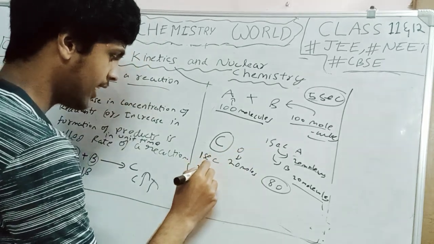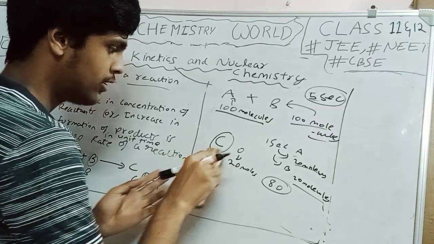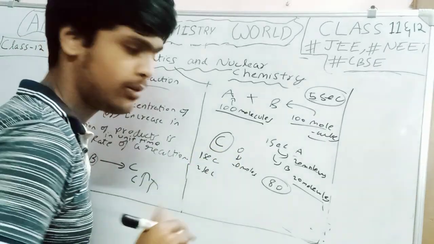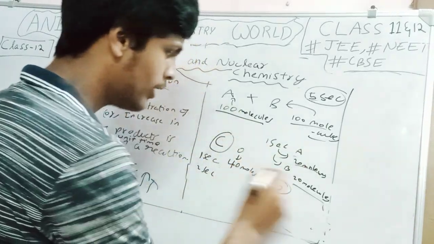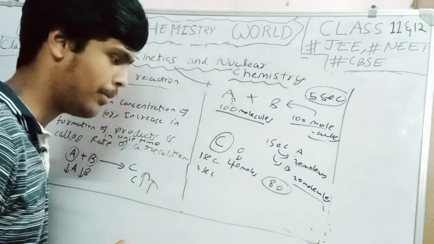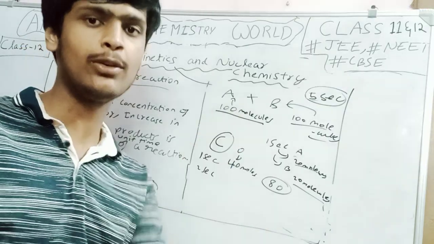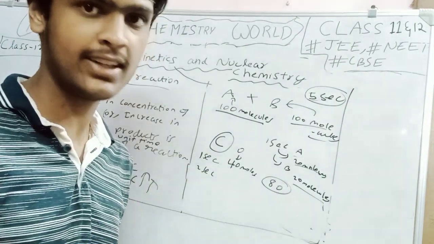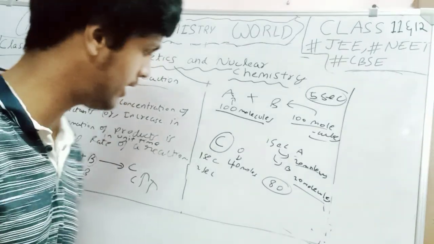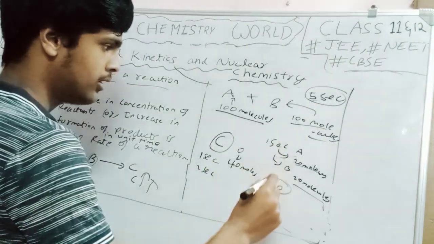In the second second, another 20 molecules, so 40 molecules of C are formed together, since according to Dalton, mass can neither be created nor destroyed. Similarly, molecules.